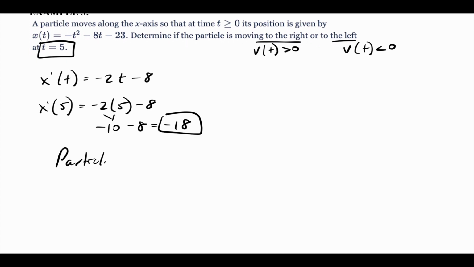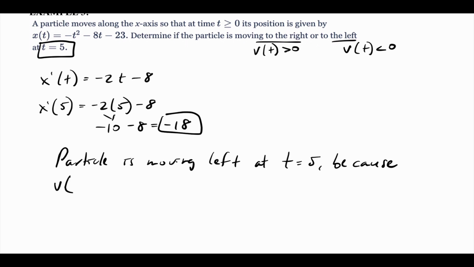The particle is moving left at t equals 5 because v of 5 is less than 0. I plugged in 5 to the velocity and it was negative, so that means it's moving to the left. At time 5, it's moving to the left.